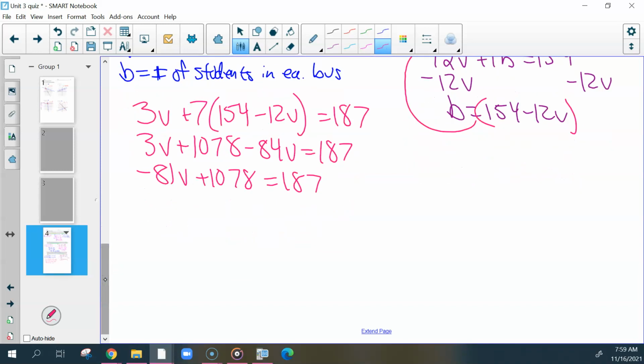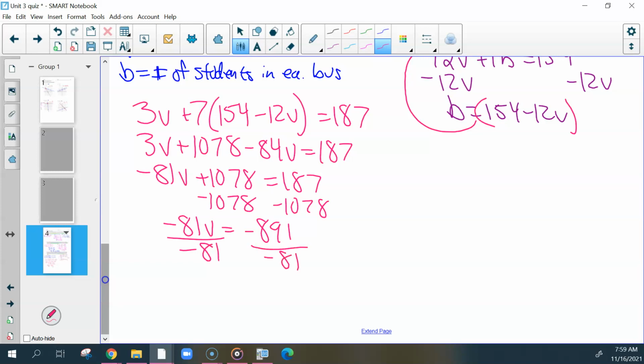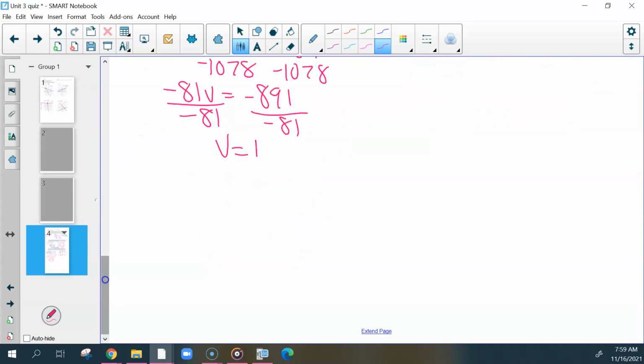And I can still continue to solve for V. And divide. So V should have been 11.